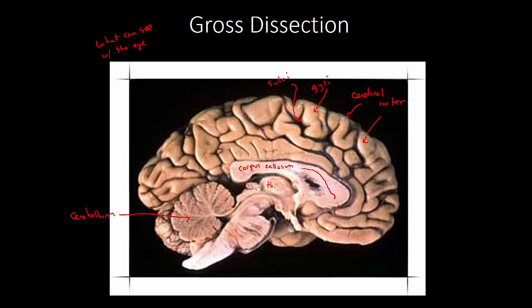Here we'll have the thalamus. Here we'll have the hypothalamus. Hypo means below. Right in here. Here we'll have a structure called the pons. Here we'll have the medulla oblongata.